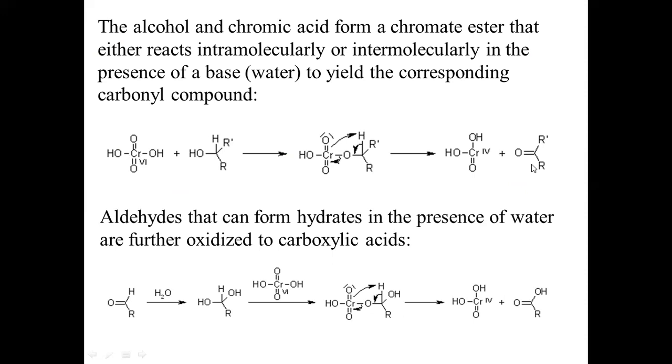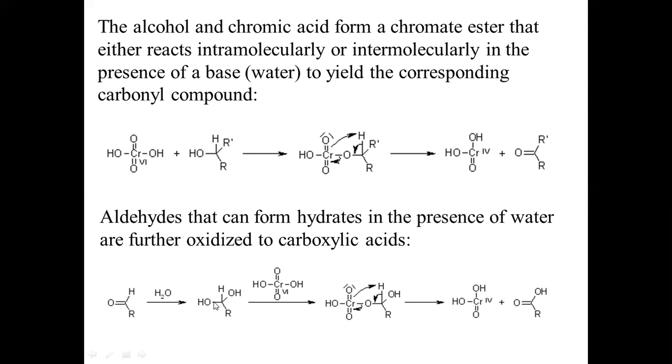Now, if you take a primary alcohol instead of a secondary alcohol, that results in the formation of aldehydes. For example, if an aldehyde is formed, then what happens, since we are using dilute sulfuric acid, there you can have water molecules. That water acts like a nucleophile and it results in the formation of hydrates.